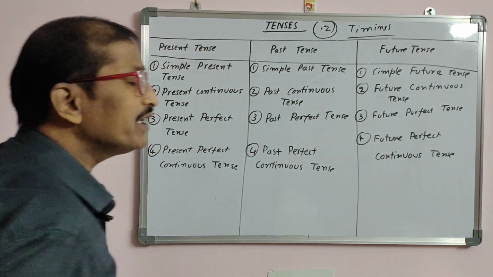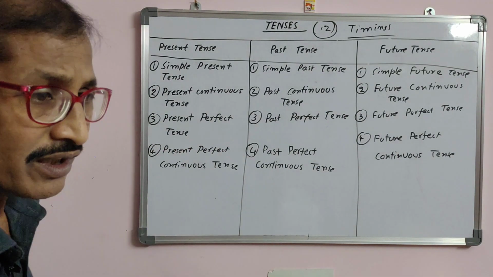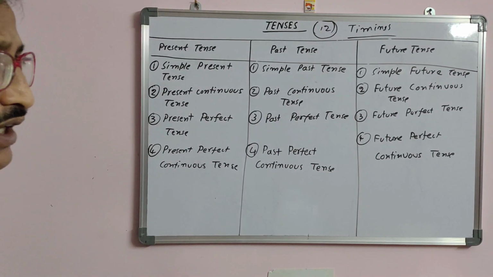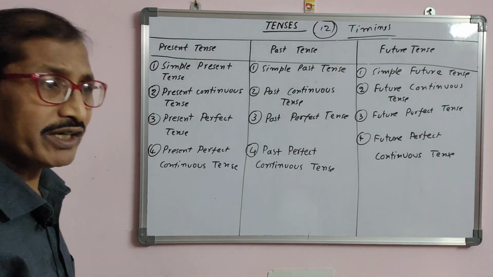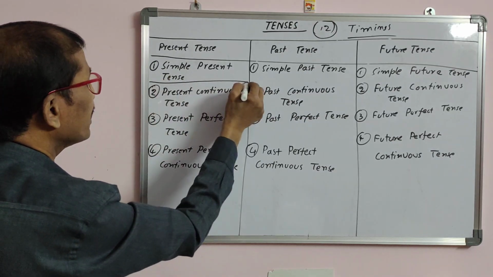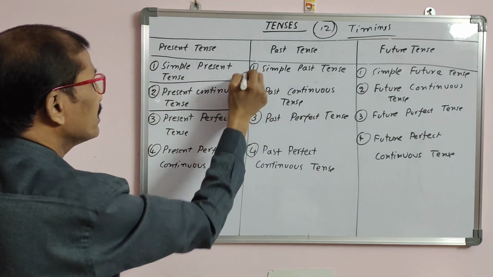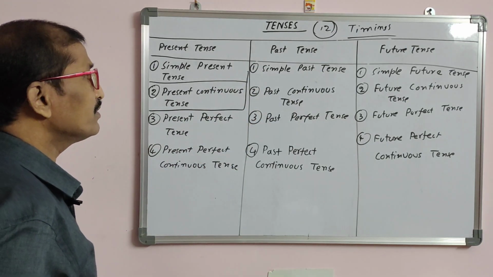A verb can indicate 12 types of timings, that is called tenses. Okay? In the next video, we can talk about simple present tense, and if possible, I will talk about present continuous tense also.